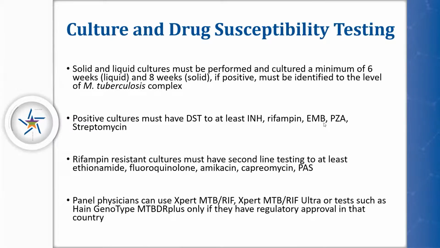So the culture and drug susceptibility testing. Solid and liquid cultures must be performed on both. So the liquid cultures must be held for at least 6 weeks, and the solid cultures have to be held for at least 8 weeks. If they're positive, the organism has to be identified down to the level of an M. tuberculosis complex.